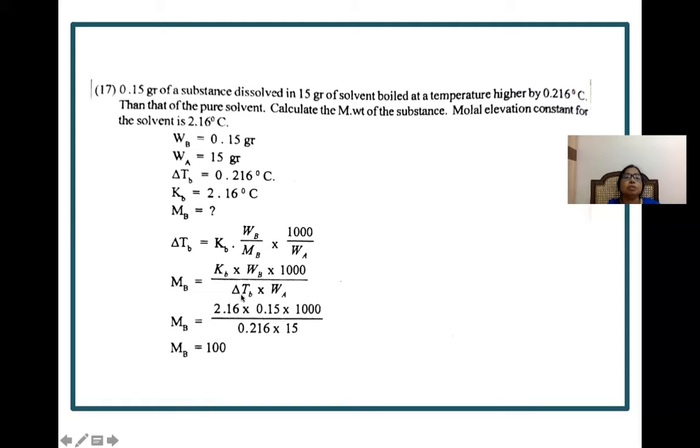Substituting all these values and doing the calculations, we get the molecular weight of the substance as 100.